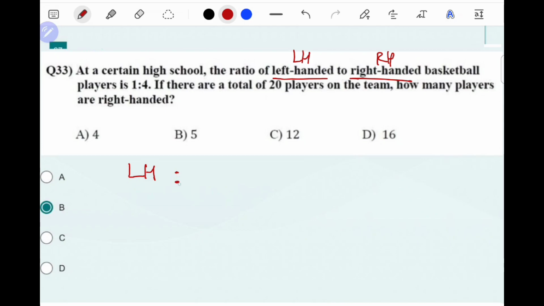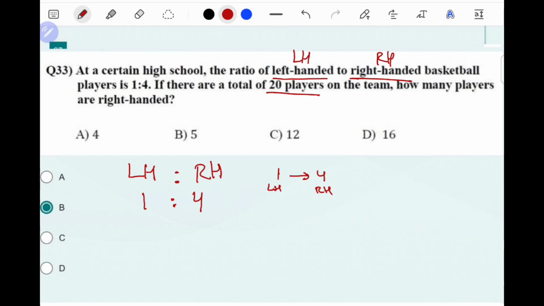The ratio of left-handed basketball players to right-handed basketball players is 1 to 4. If you have a total of 20 players on the team, how many players are right-handed? It's clear that for every one left-handed player, you have 4 right-handed players.